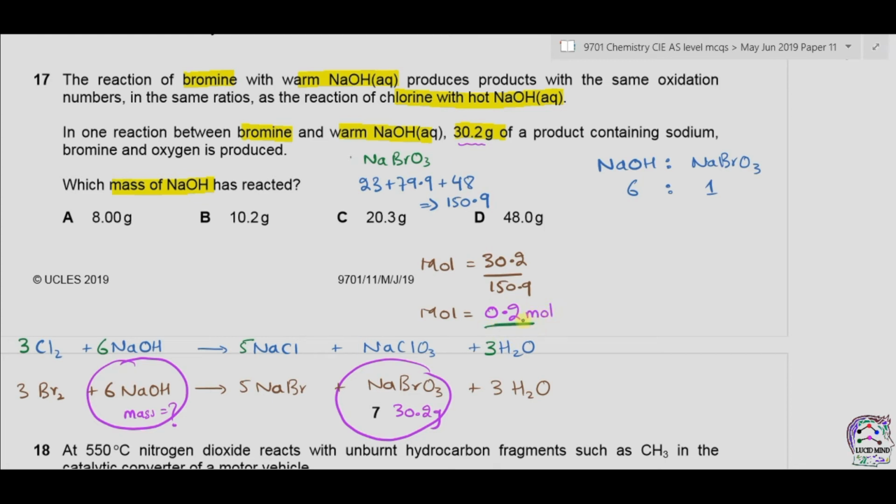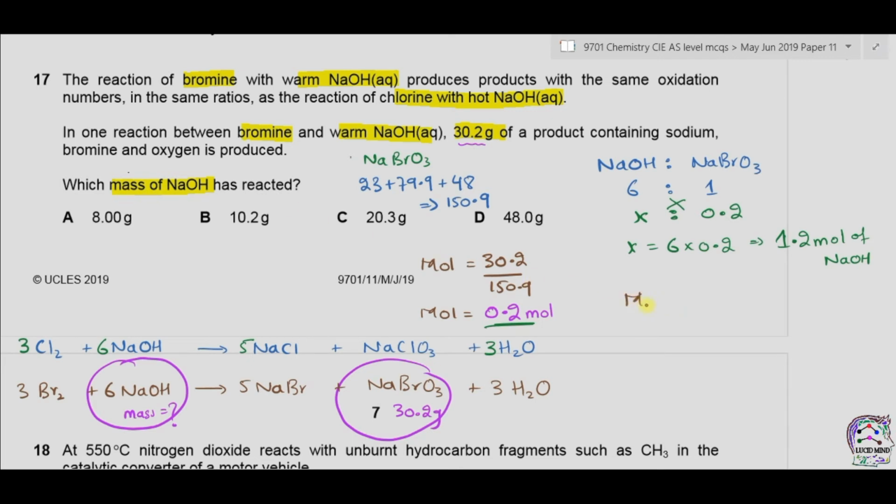We can put this value in the ratio given. So we can write 0.2 moles of sodium bromate is formed from X moles of sodium hydroxide. By cross multiplying, X is equal to 6 into 0.2, which becomes 1.2 moles of NaOH. Now in the question they have asked about the mass.